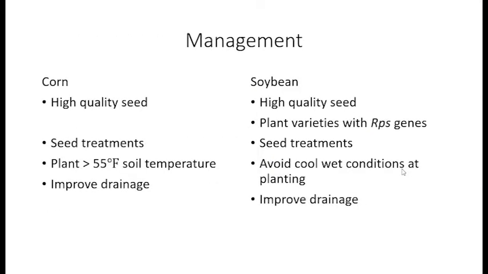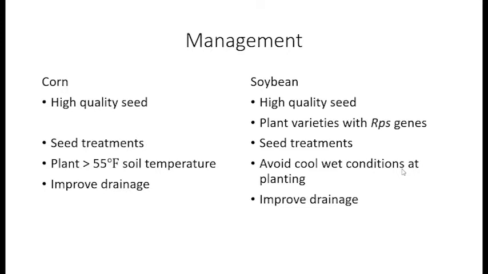to have a clear idea of what is exactly the species causing the problem. Now, on that next third step of how we decide what to do, these are the recommended practices. Of course, for both corn and soybean, we have to start with high-quality seed.